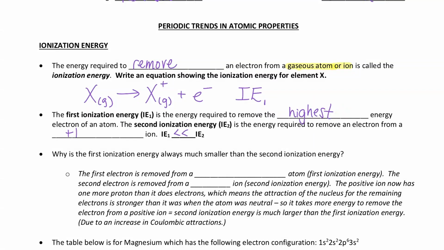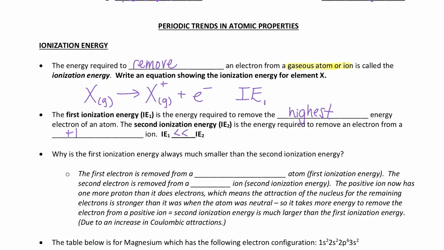Let's think about this for a second before I show you this, right? And then we're going to fill in our little blanks here. If I take my atom, okay, it's got an equal number of protons and electrons, and I remove one of the electrons, tell me what's going on then.